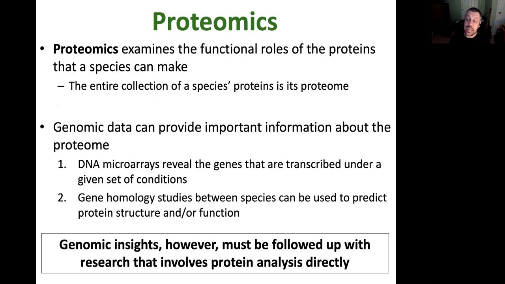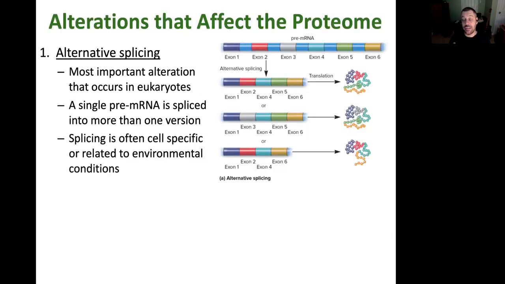So one gene can make different types of proteins. And that kind of makes sense. Human beings only have about 22,000 genes, but we have way more proteins than that because you can make more than one protein from any given gene. Here are some of the ways that can occur.